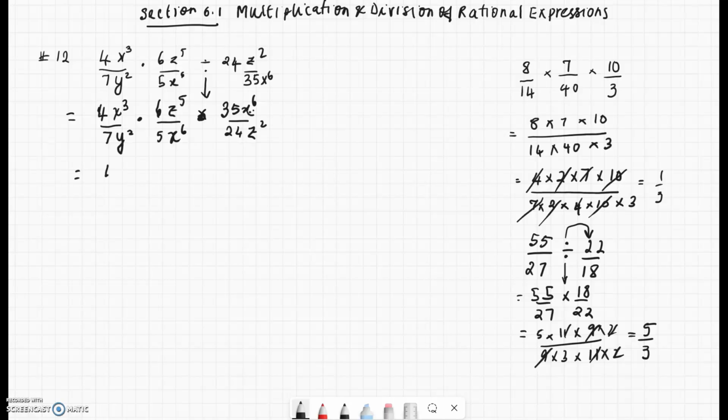So we have 4x cubed times 6z to the 5th times 35x to the 6th all over 7y squared times 5x to the 6th times 24z squared.